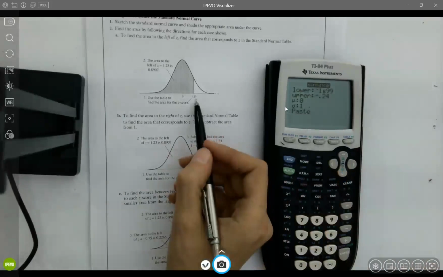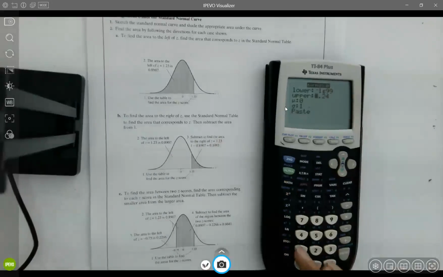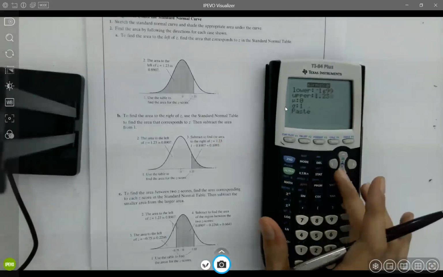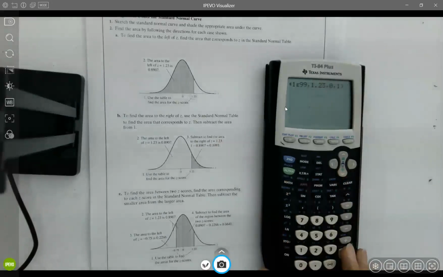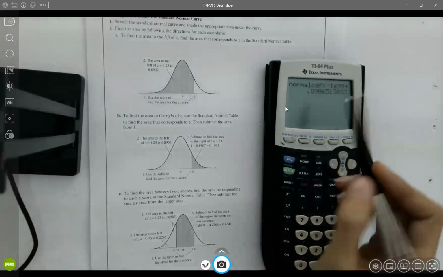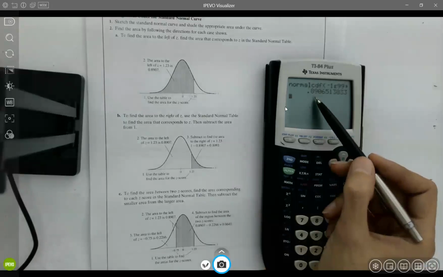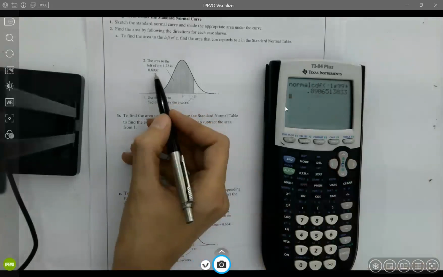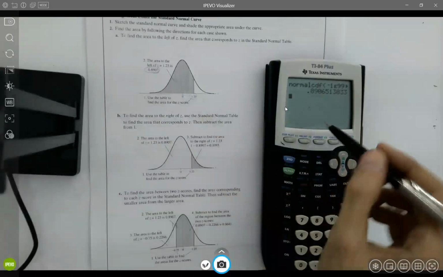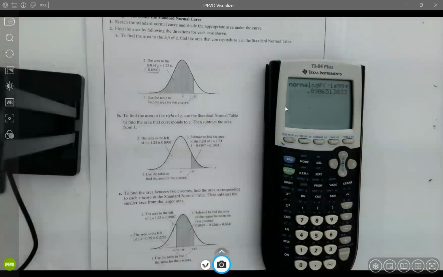Your upper limit stops at 1.23. Mu is 0, standard deviation is 1, and enter. The area is equal to 0.8907. As you can see, by using a table or using a calculator, you get the exact same value.